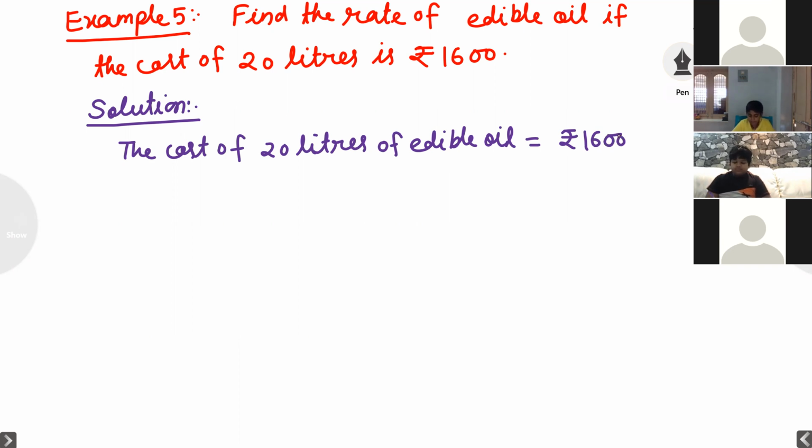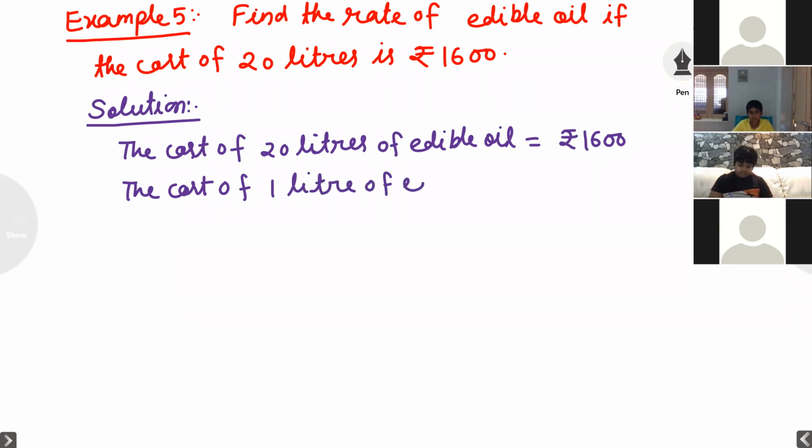I want to find out the cost of 1 liter of edible oil.